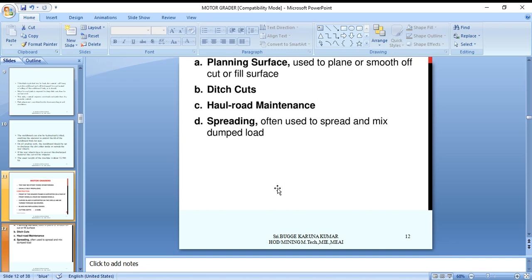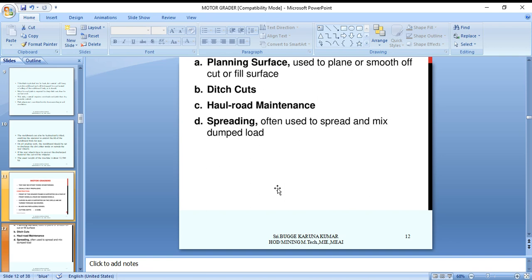The scraper, that is the road grader, is essential on the roads, and it is used exclusively for all road maintenance. Spreading is often used to spread and mix the dumped loads. Dump loads are poured onto the haul roads and can be spread along them.